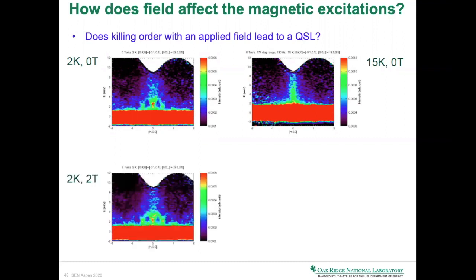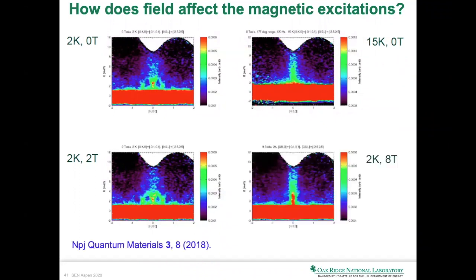If I put on a field of a couple of Tesla, you can see it actually strengthens the spin waves. They're not really getting stronger. What this has done is repopulate some domains and contributed to the neutron scattering cross-section in a manner that the spin waves appear stronger. Again, something I'm happy to explain privately. But as soon as I pass that 7.3 Tesla threshold, the spin waves die, and I'm left with this continuum.